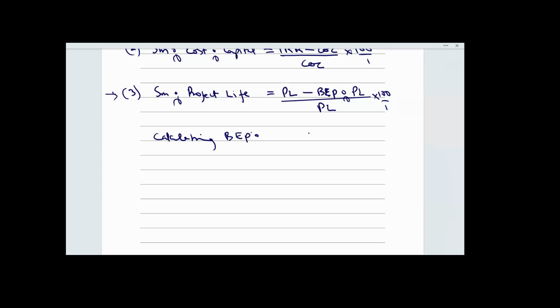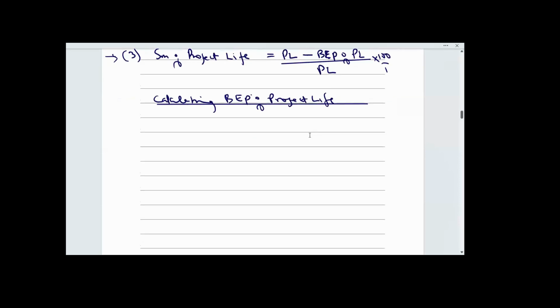Break-even points of project life. How do you do this? There are 3 procedures you are going to carry out. Step 1, we are expected to reduce the life of the project by 1. For example, if the useful life of the project is 5 years, you minus 1, that remains 4.